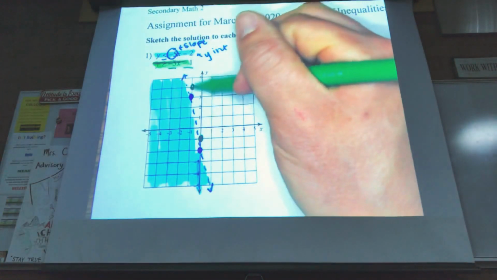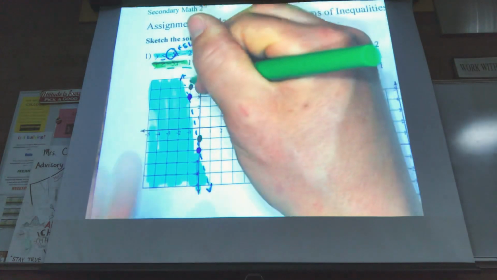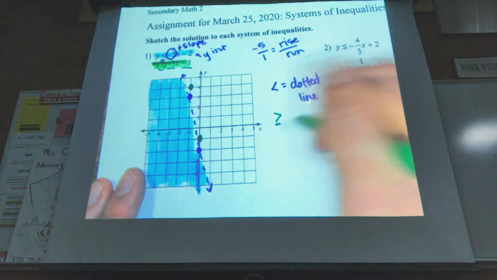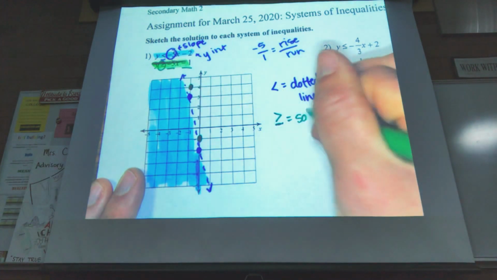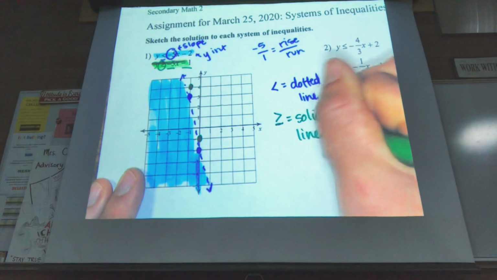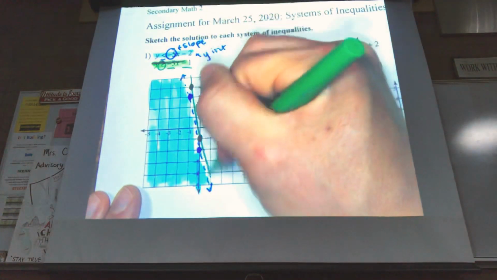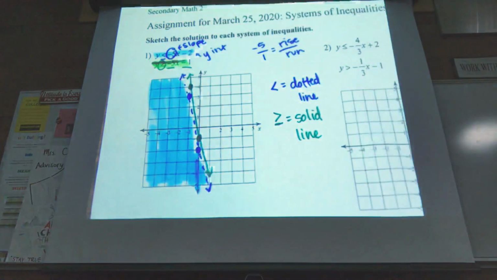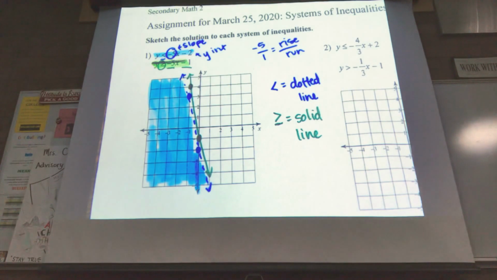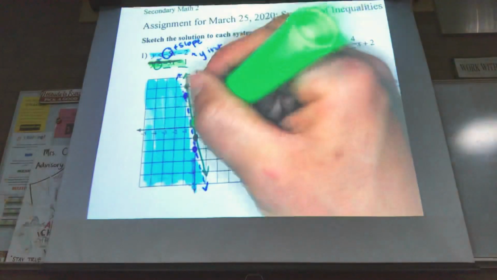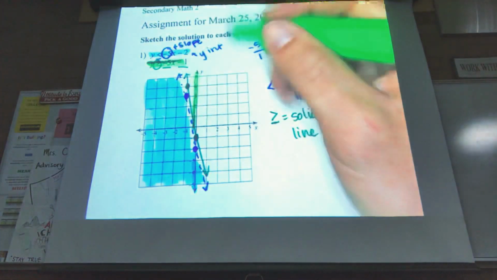Go back 1. Now let's look at our sign. This one is a greater than or equal to, meaning it has that little extra. This is going to be a solid line. I'm going to connect my 2 green points with a solid line. Not quite perfect, that's okay. Now I'm going to decide where these ones are shaded. This is saying y is greater than or equal to, meaning my y's are getting bigger.